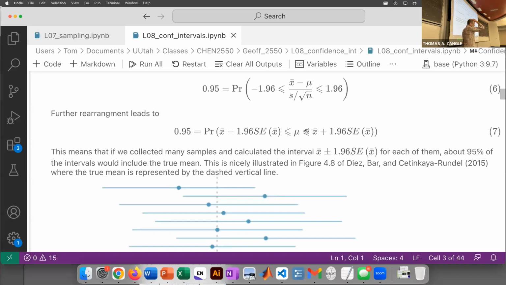And so that's where that 1.96 came from. Okay, does that make more sense? Other questions? Yeah. So the 1.96 is for normally distributed base data and a 95% confidence interval with n greater than 30. Yes. So universal with very big caveats.